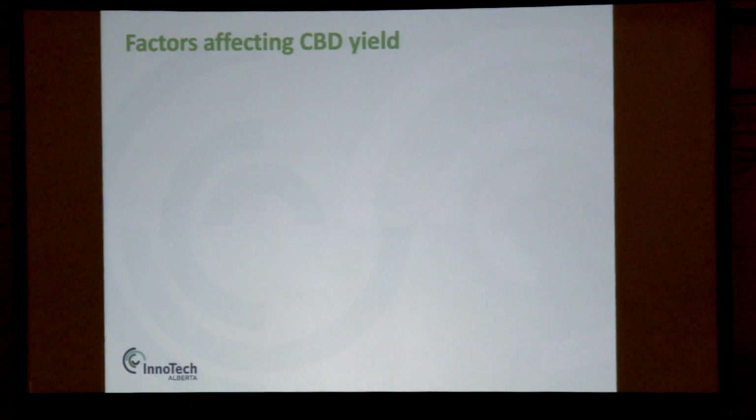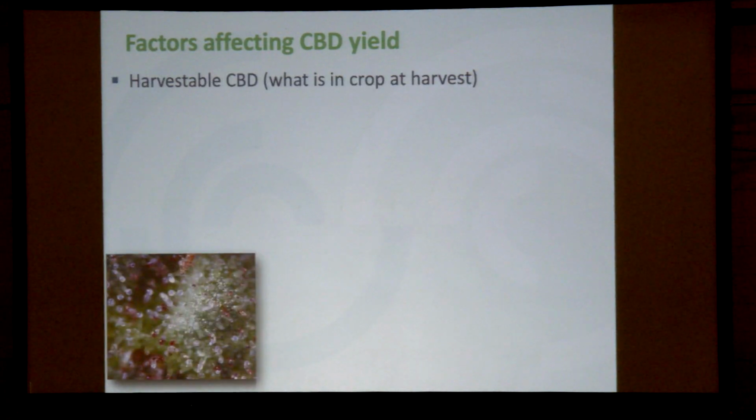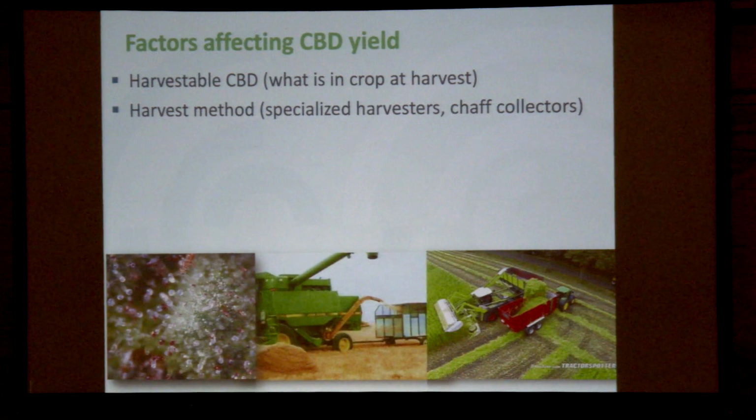These minor cannabinoids are much more expensive than CBD. So I was telling you what determines CBD levels in the plant. However, how much CBD you will get or be paid for depends on some other factors. First of all is harvestable CBD, this GEM. The next one is harvest method. If you're harvesting at the flowering stage, or collecting chaff, and what kind of equipment you are using.